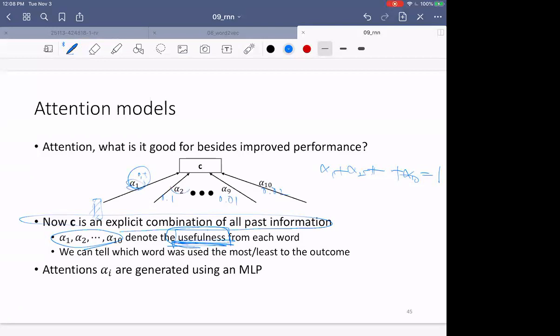These alphas represent the attention the model gives to each time step. So you automatically get interpretation, and that's the good part. It's not only good for improved performance, but it also provides insight into what the model is doing with its input, like which time step it thinks is especially useful or important.